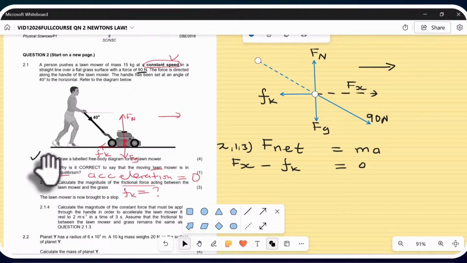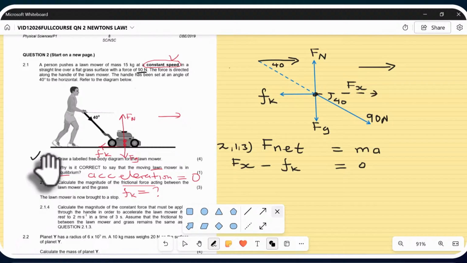It's also 40. And now the Fx being adjacent, I have to use cos. So I'm going to say cos 40. So it's 90 cos of 40 degrees, okay, equals Fk, which we are looking for. So from the calculator, what do you get?